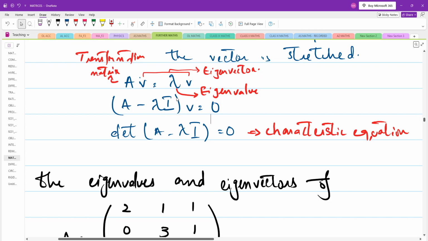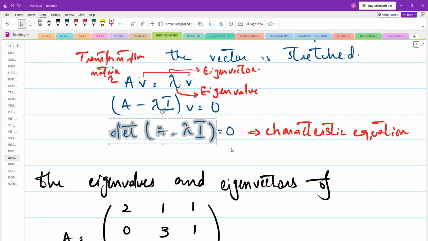Since the vector is not 0, because we know the vector exists, this means that this is 0. And how is this 0? We're going to find the determinant and say the determinant of this exact thing is equal to 0.